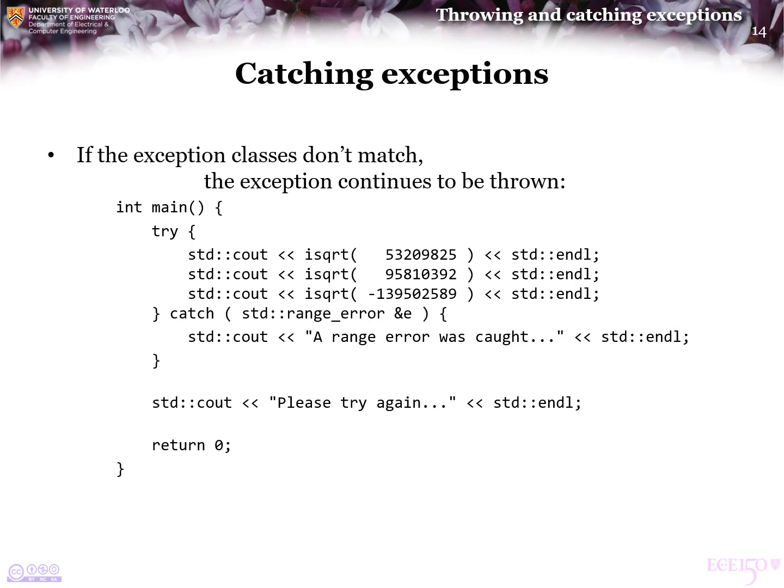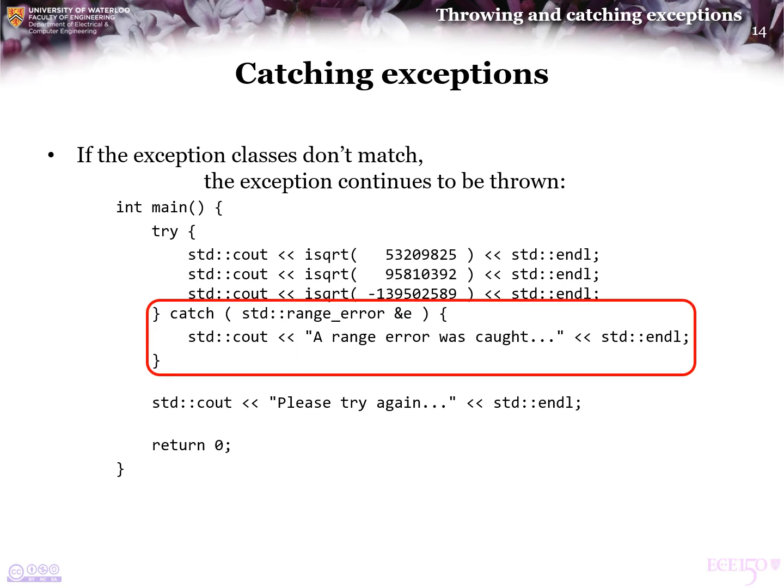Now, just like a conditional statement, if the type of the catch parameter does not match what is thrown, then that catch statement does not execute. Here we see a catch block where the catch parameter is of type standard range error.